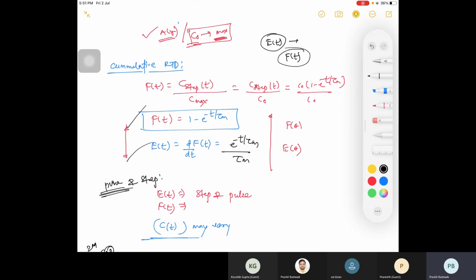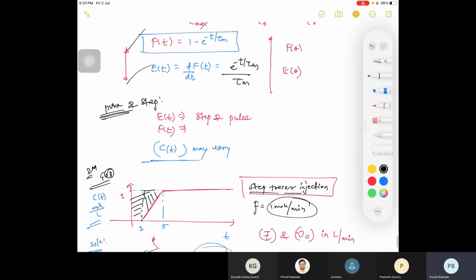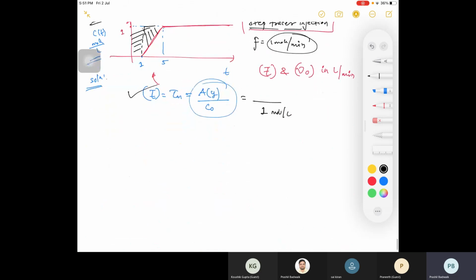Before that, one doubt was asked in yesterday's class, about the accumulation of tracer. Whenever I write any equation for balance, we write input minus output plus generation minus consumption is equal to accumulation.